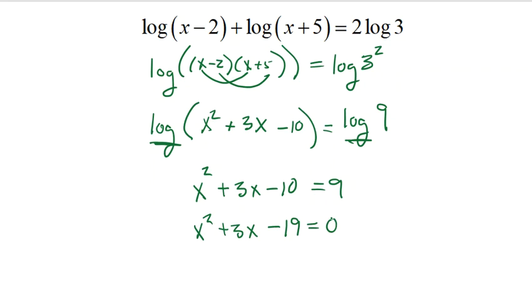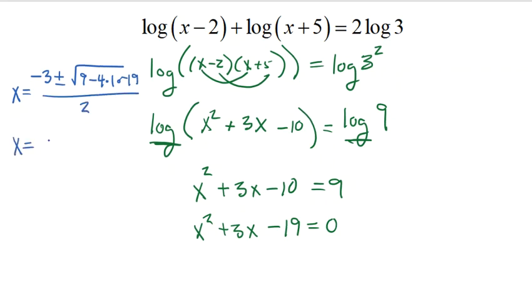You could try to factor it if you want, but some kids see a 19 and just panic. I mean, it might work, I don't know, but some kids just want to use the quadratic formula, which is fine. So I've got the opposite of b, which is negative 3, plus or minus the square root of b squared, 9, minus 4 times a times c, all divided by twice a, which is 2.